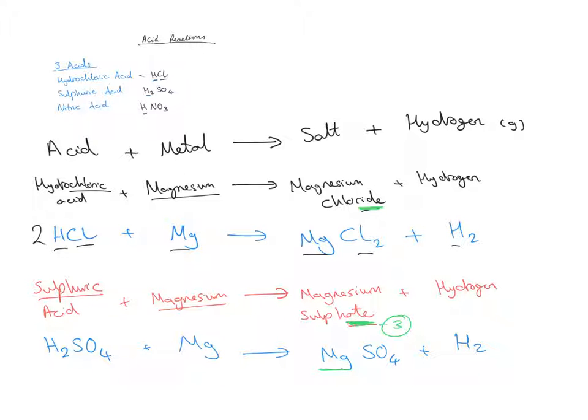It's got magnesium, sulfur, and oxygen. And this has come because you've used sulfuric acid, which contains the oxygen. So whenever you use sulfuric acid, the ending of your salt will always end in ate. Now this is the same for nitric acid, because as you can see, nitric acid is HNO3. So if I use nitric acid instead, it would be magnesium nitrate, not nitride.